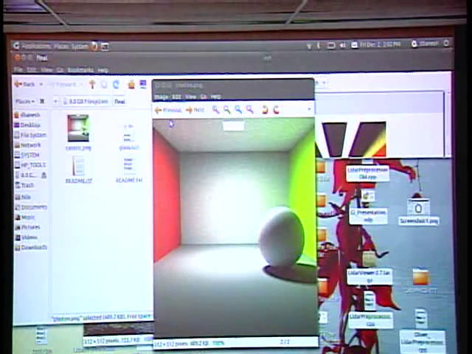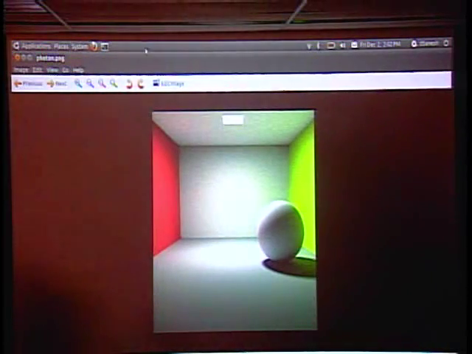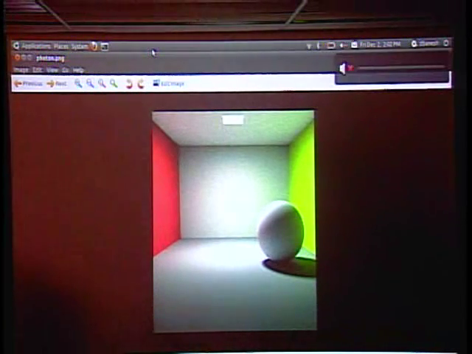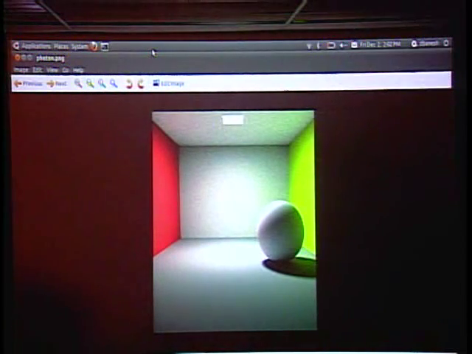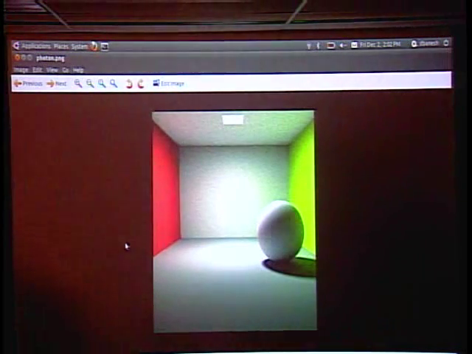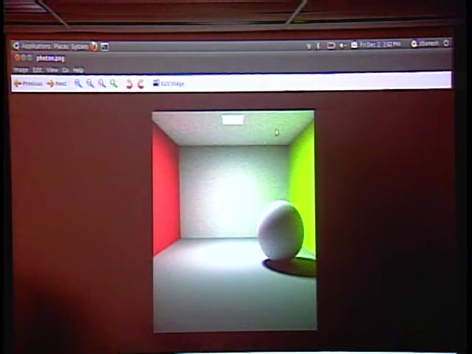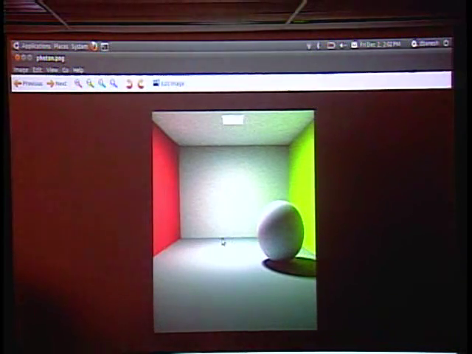So I did photon mapping too. This is what it looks like with diffuse surfaces. You can kind of see the color bleeding here and here and on the sphere. I calculated direct lighting, and then for the indirect lighting, I used the photon map.